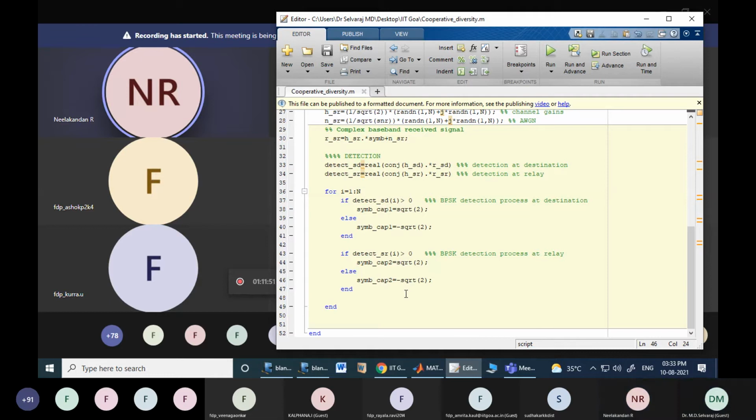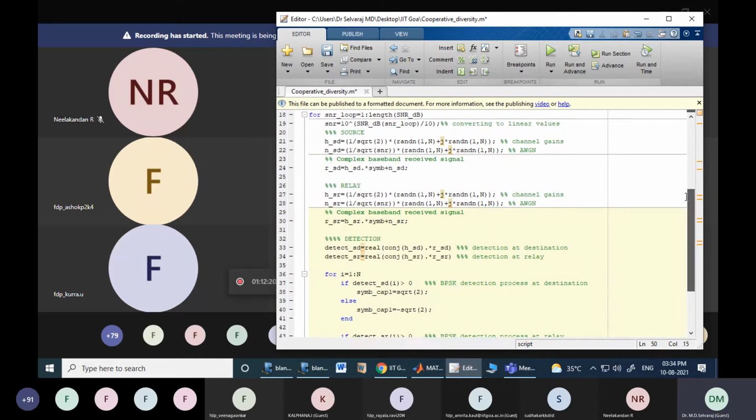Okay. Now what we did is we transmitted the source symbols, and whatever 10,000 symbols we generated, all 10,000 symbols we sent to the destination as well as to the relay, and at the relay as well as at the destination we completely detected the symbols and kept them ready. Now I have to do this for the relay to destination. Maybe I'll go back.